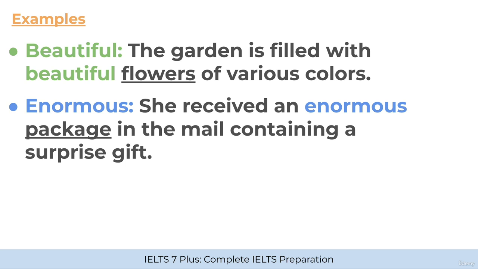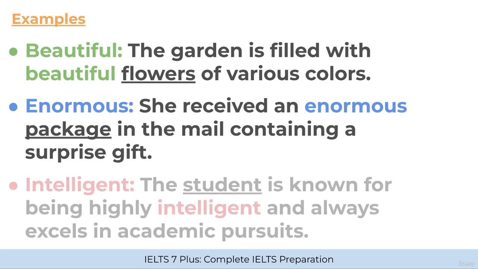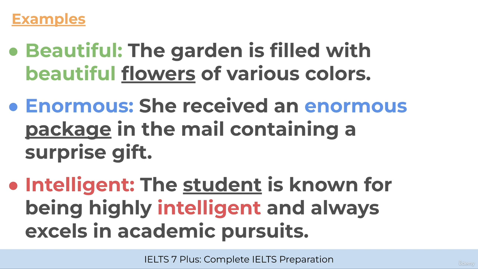Enormous. Talking about the package. Intelligent. The student is known for being highly intelligent and always excels in academic pursuits. Intelligent here describing the student. So you can see how the sentence is much more interesting with these adjectives here.